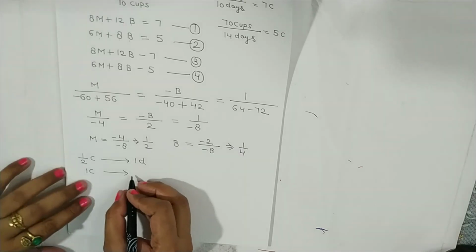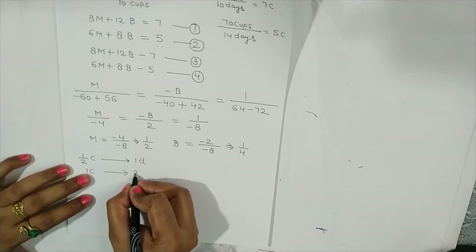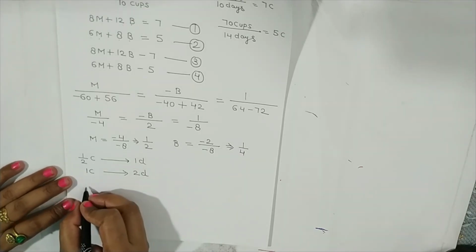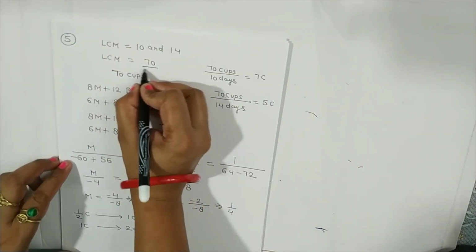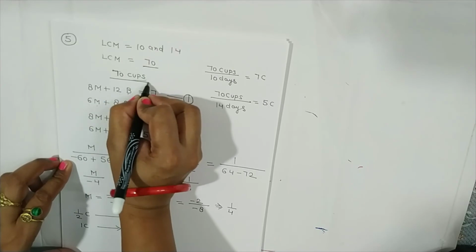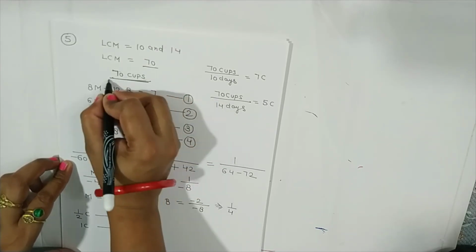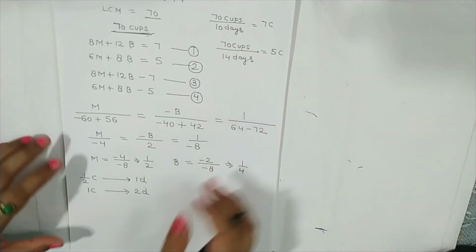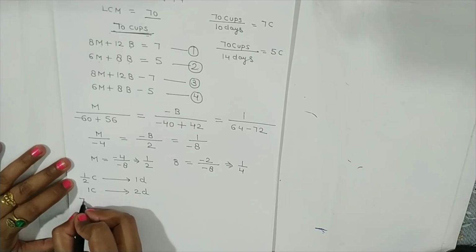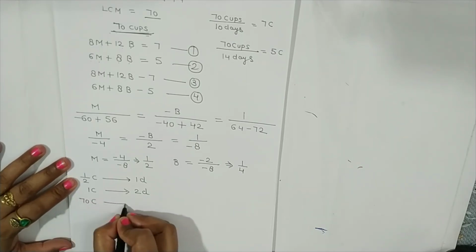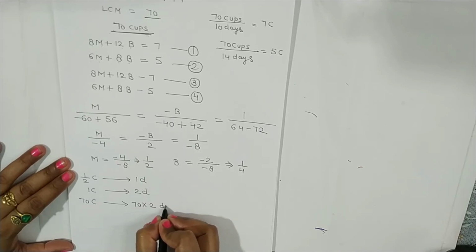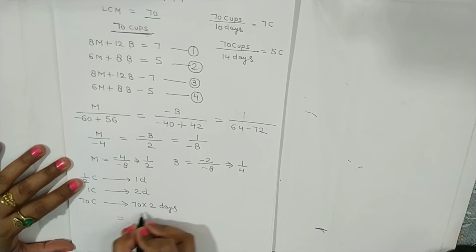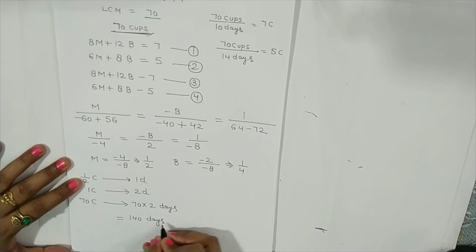It means 2 days. So we have to make this 70 cups. Our total work is 70 cups. So 70 cups make in how many days? So 70 into 2 days. Okay, so 7 2s are 14. It means 140 days.